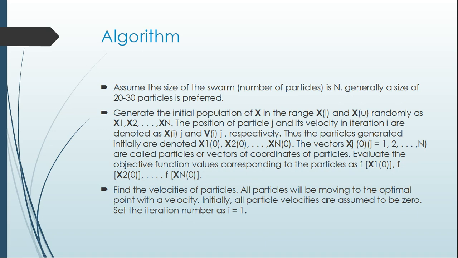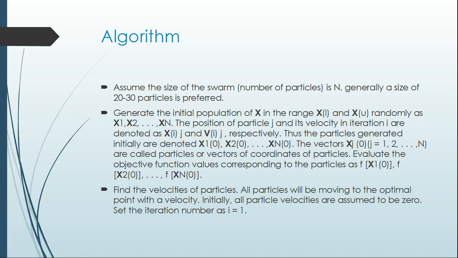Thus, the particles generated initially are denoted x1(0), x2(0), and so on to xn(0). The vectors xj(0) are called particles, or vectors of coordinates of each particle. Now we'll evaluate the objective function values corresponding to the particles as f(x1(0)), and so on to f(xn(0)) for n particles.